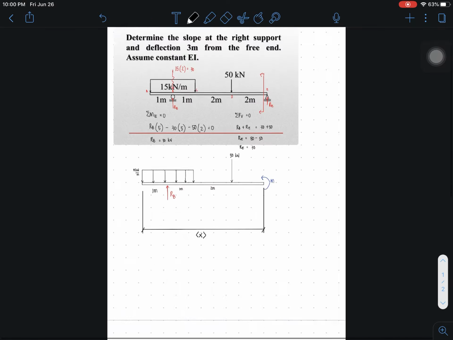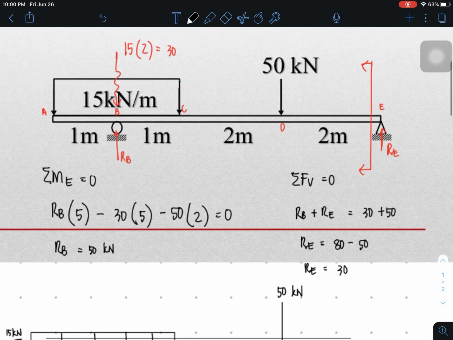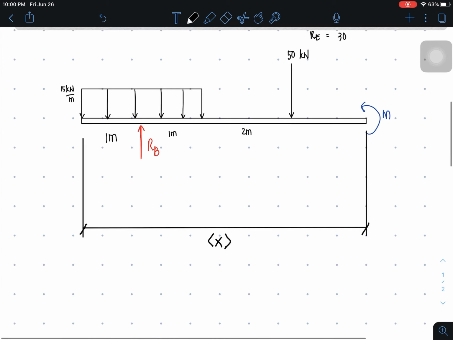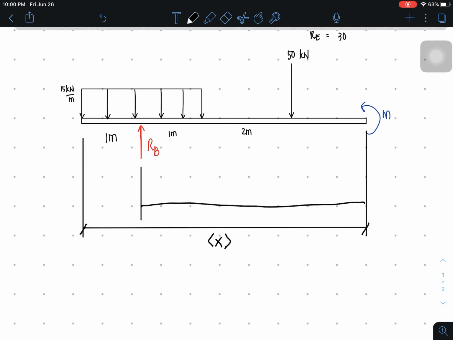No, it's no longer this. Dili naman siya 6 meters, but rather x, no? And then of course, kani siya atong i-describe that it is found with this distance.